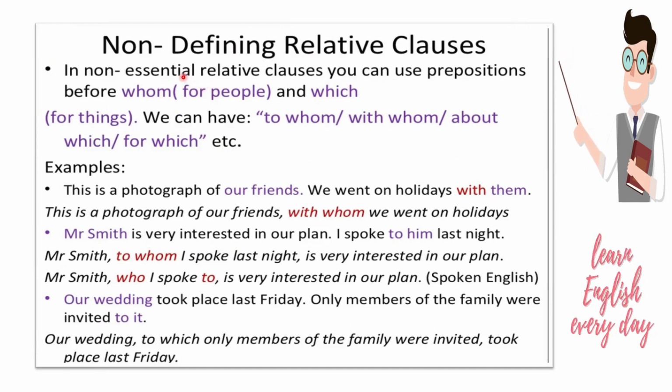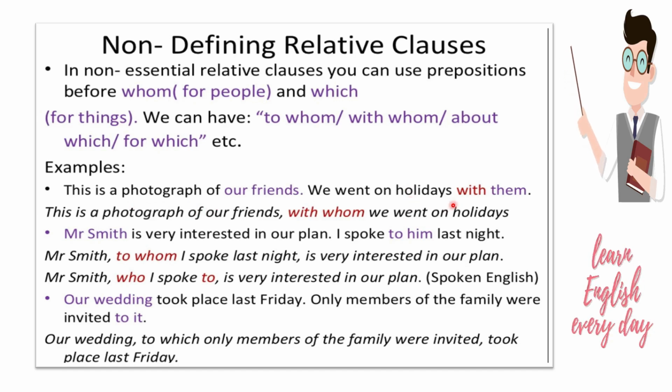In non-defining relative clauses, you can use prepositions here. In defining also. But here the prepositions normally come with whom or with which. When you think it is for people, or when you think which for things, like to whom, with whom, about which, or for which, and so on. Like the examples here: this is a photograph of our friends.